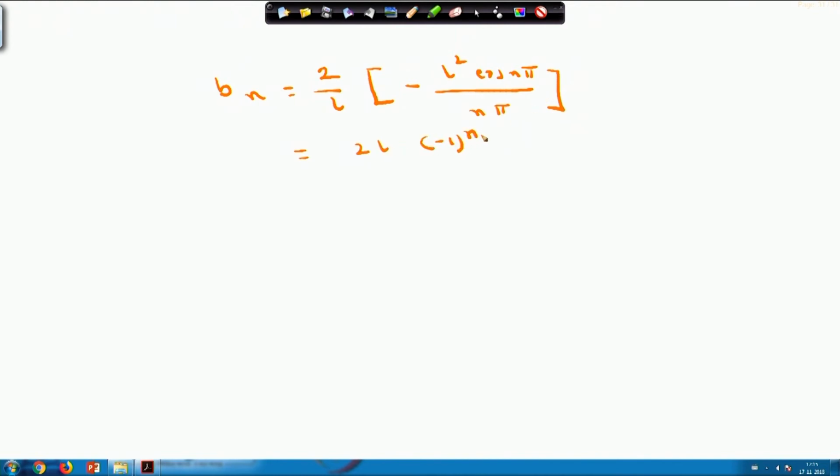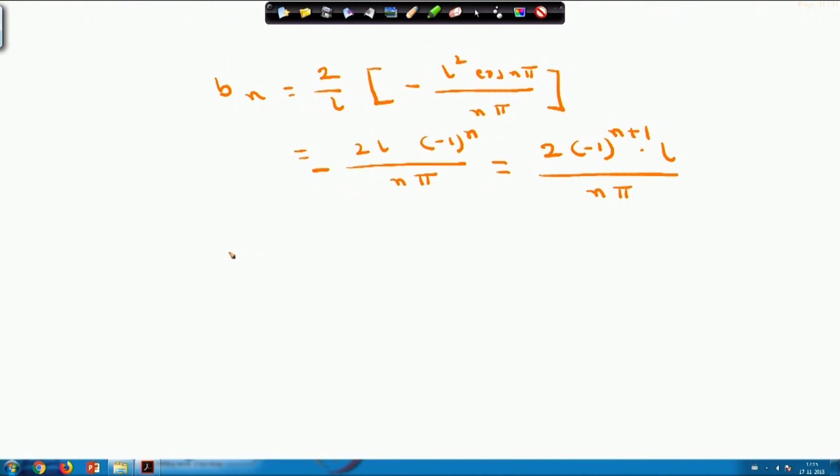So, this minus also will come outside, and cos n pi is minus 1 to the power n. So, I can write it as 2 into minus 1 to the power n plus 1 into L by n pi.